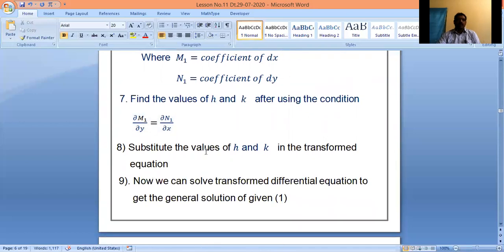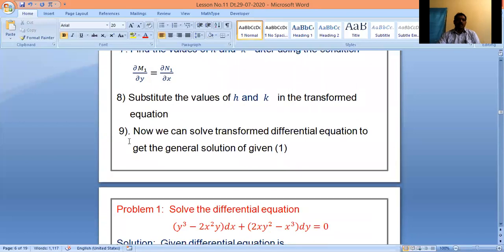Substitute the values of h and k in the transformed equation. Now we can solve the transformed differential equation to get the general solution of the given equation 1.